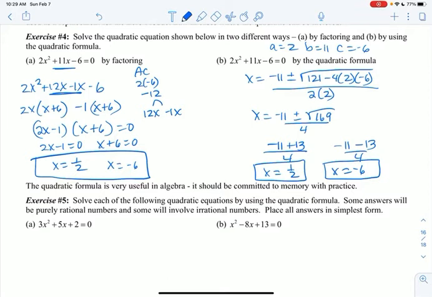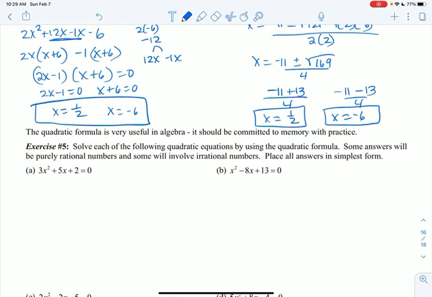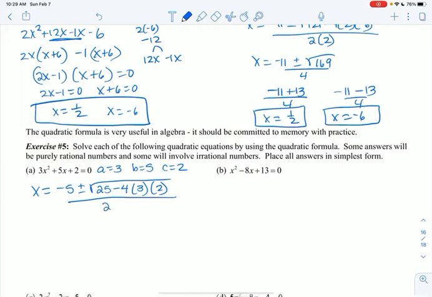We'll just try A and B. We won't try C and D, just to make sure that we got this. And then, of course, we'll be practicing this tomorrow. So A is 3, B is 5, C is 2. X equals negative B, negative 5, plus or minus the square root of B squared. 5 squared is 25, minus 4, A is 3, and C is 2, over 2A, and A is 3.